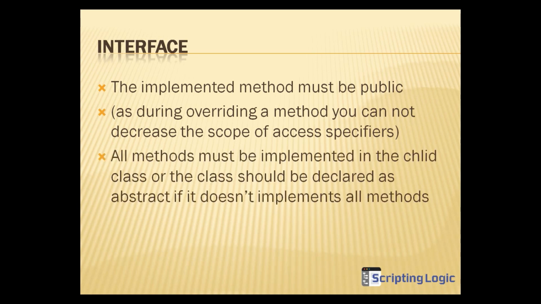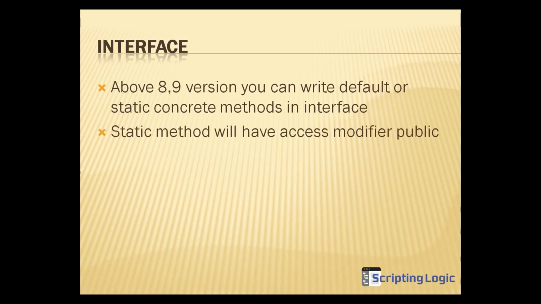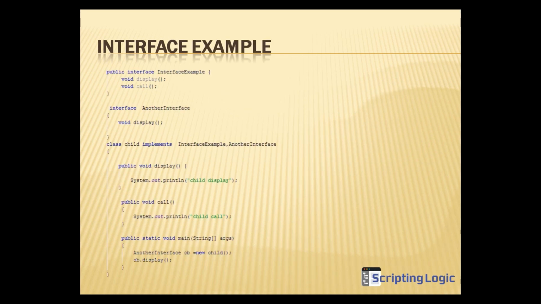All methods must be implemented in the child class, or the class should be declared as abstract if it doesn't implement all the methods, right? And one more thing, in versions 8 and 9 you can write default or static concrete methods in an interface. Static methods will have access modifier public, and in the 9th version private concrete methods can also be created, right? So let us see one example.